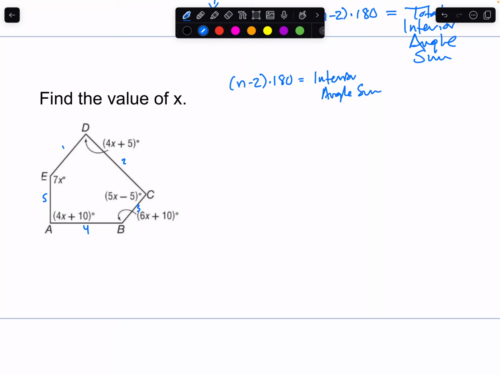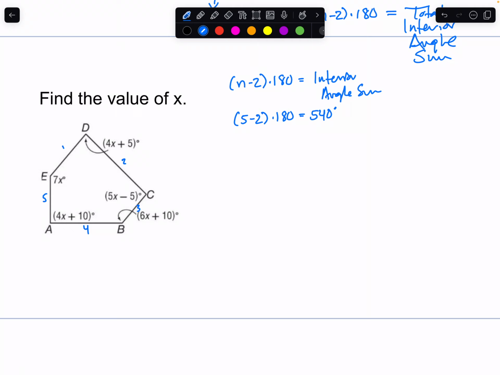Now, you can also just draw and figure out how many triangles you have. I have 3 different triangles, right? I can multiply 3 times 180, or I can use my formula. I have 5 total sides minus 2 times 180. So I know that this polygon has to add up to 540 degrees.